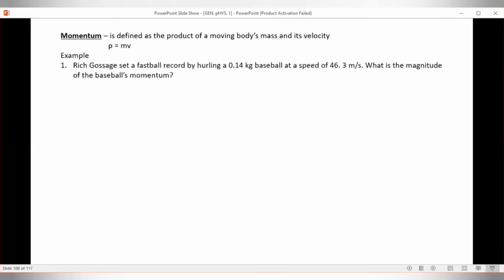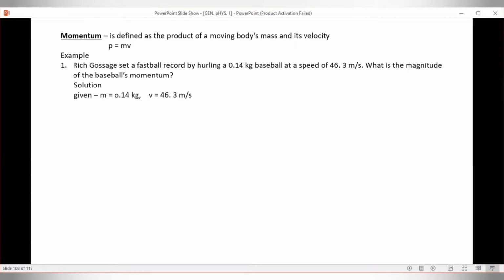For instance, Rich Gozaj set a fastball record by hurling a 0.14 kilogram baseball at a speed of 46.3 meters per second. What is the magnitude of the baseball momentum? So in solving problem, we always determine the given.